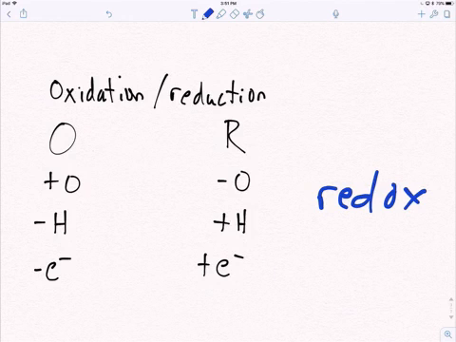Redox means oxidation reduction. It's just the first 3 letters of reduction and the first 2 letters of oxidation. Why redox? Because if you do ox red, you think of an ox painted red. So redox sounds a little more intelligent, I guess.